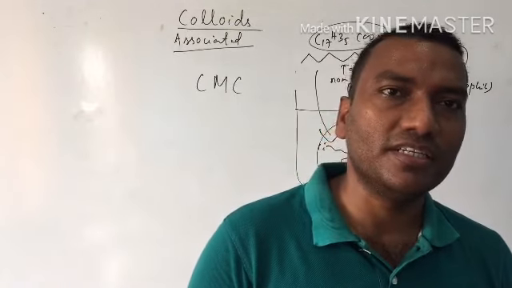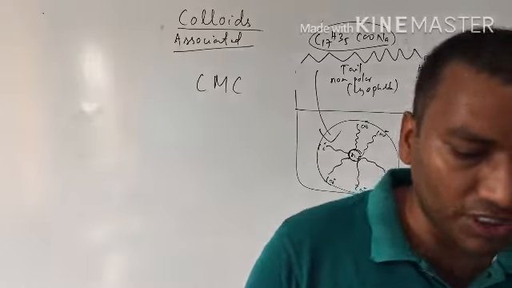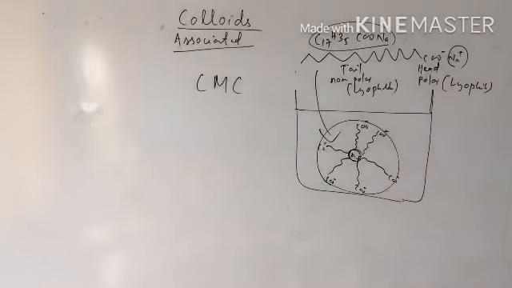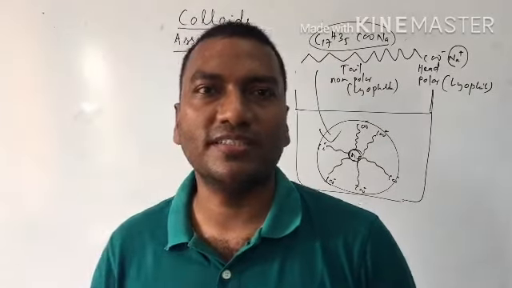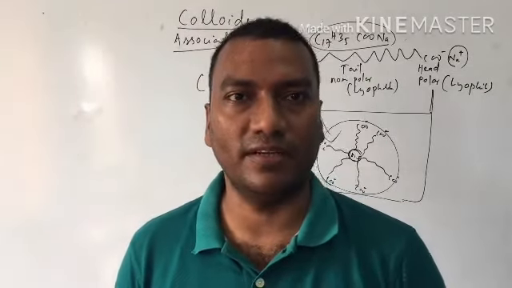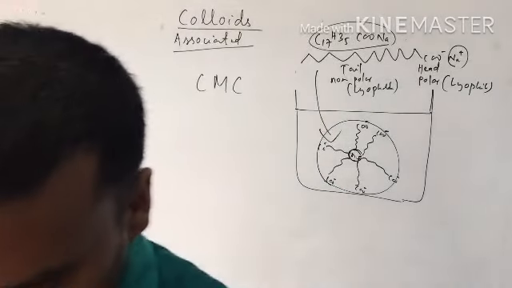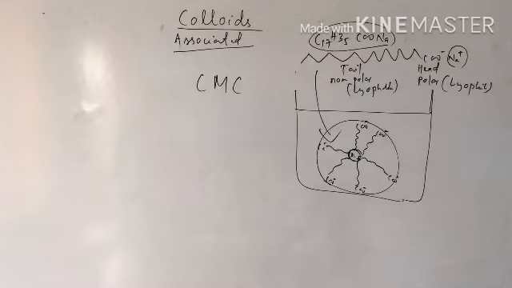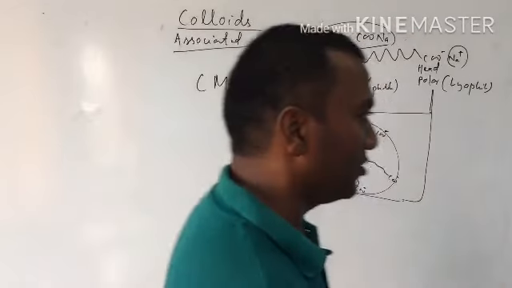Because in winter the temperature is very low, so the formation of micelles never takes place. It is very difficult. So a particular temperature above which formation of micelles takes place is known as Kraft temperature.